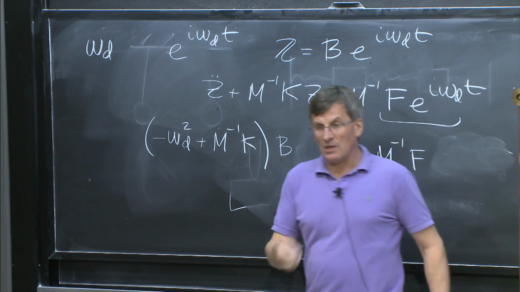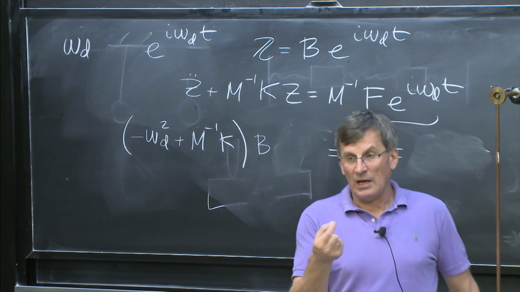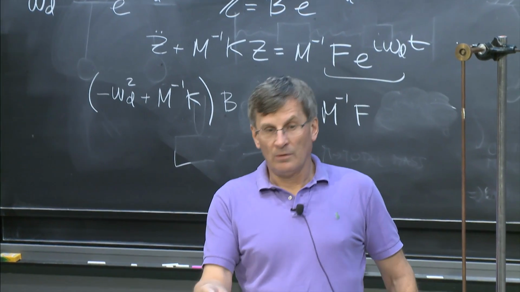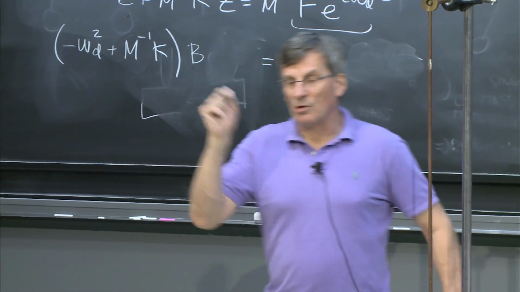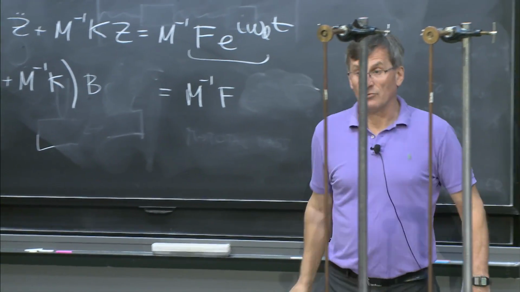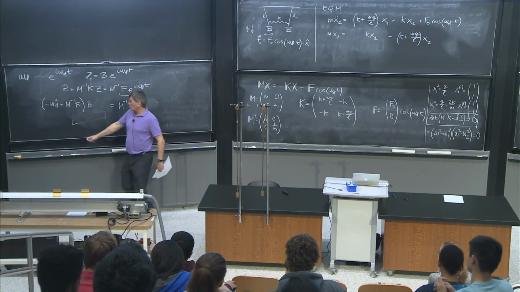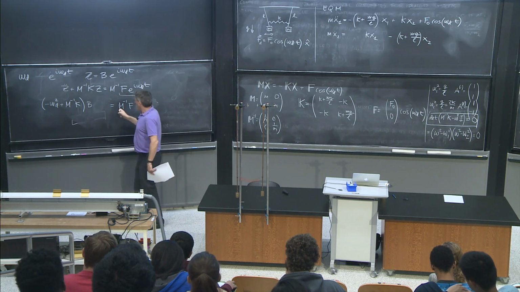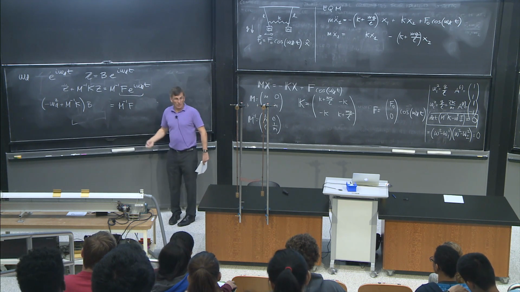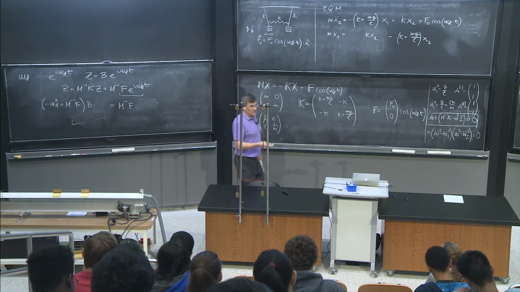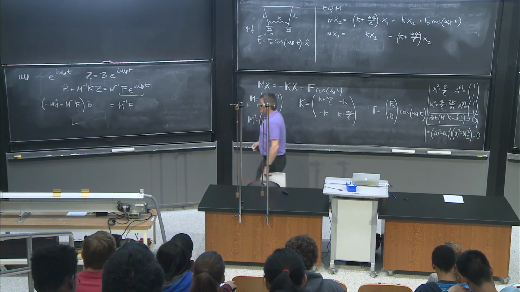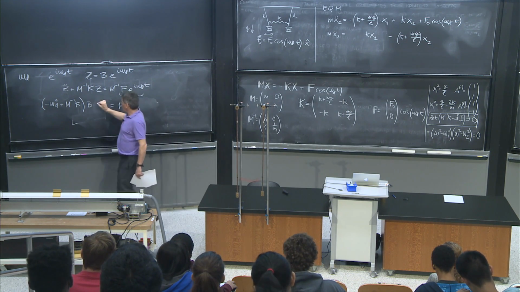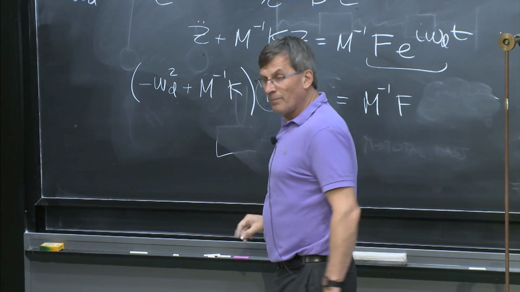Omega d is the external driving frequency, and it's also given, it's a number. I just set it at some value, say 100 hertz, and it's driven at 100 hertz. So we know exactly what this number is. The external force, we know what it is. We defined it, it's F0. We know its magnitude. So everything is known except for vector b.